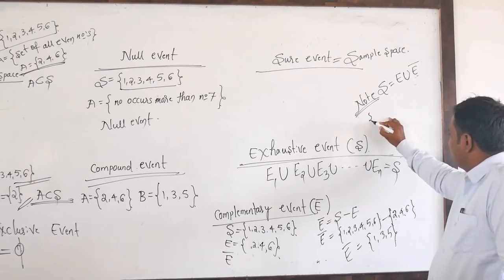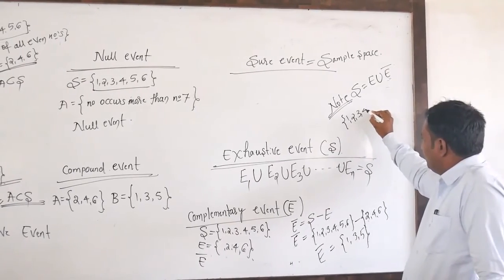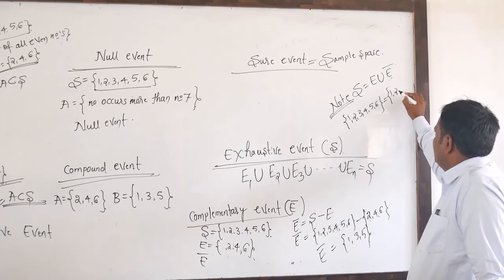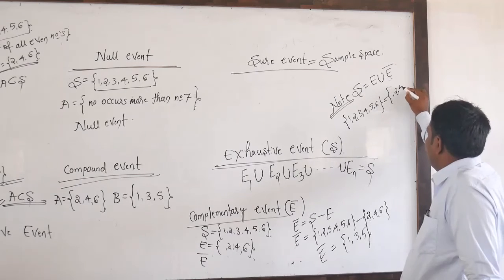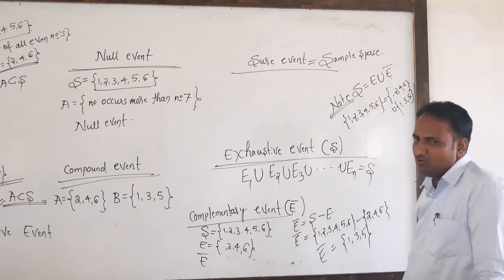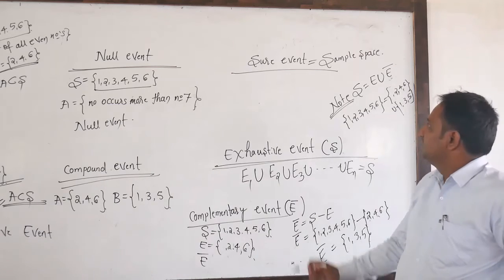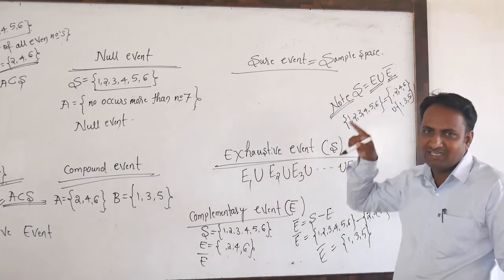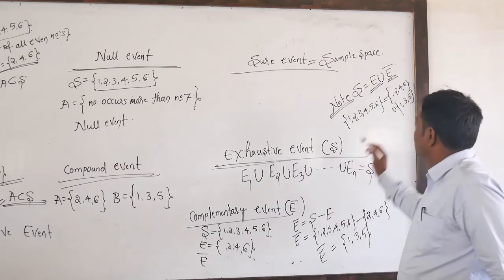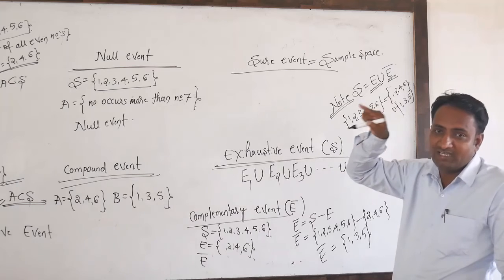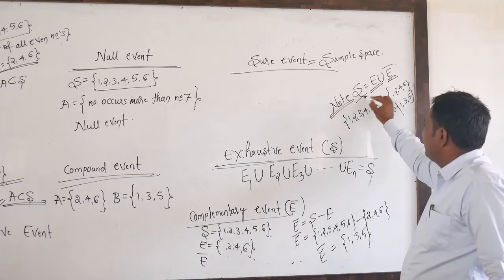Here S is equal to 1, 2, 3, 4, 5, 6, which is equal to 2, 4, 6 union 1, 3, 5. Then definitely the union of these two terms gives us the sample space. The union of an event and the complementary term of that event is equal to the sample space.